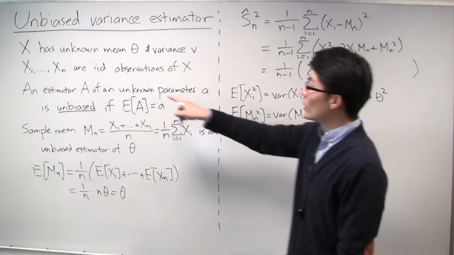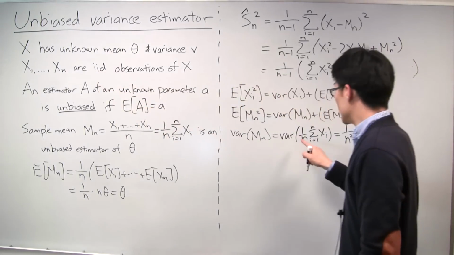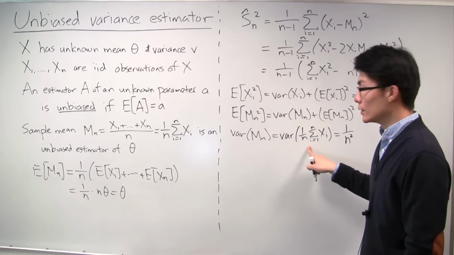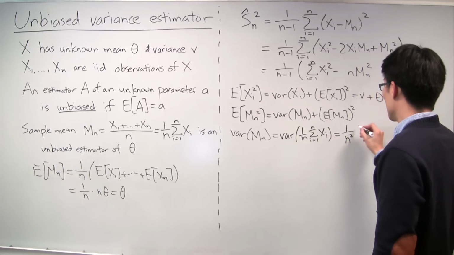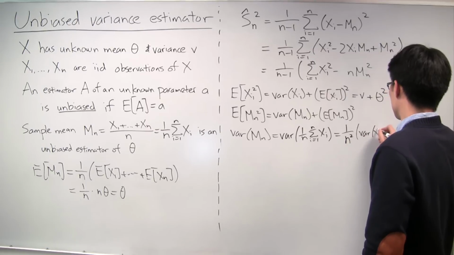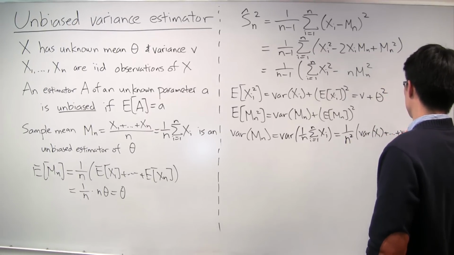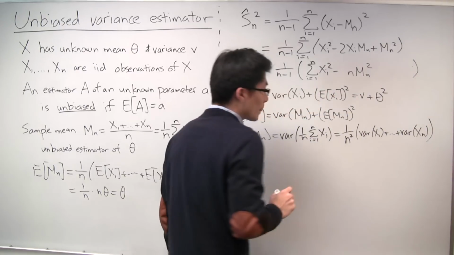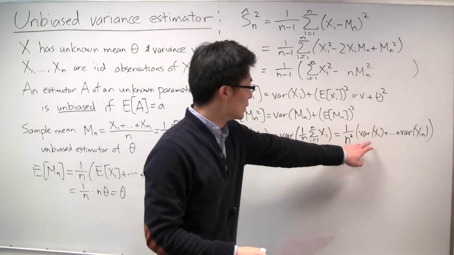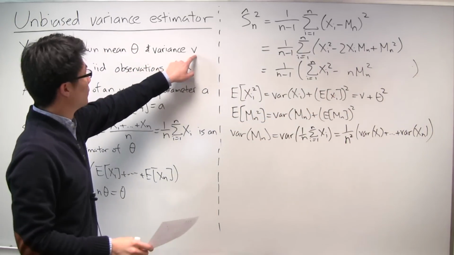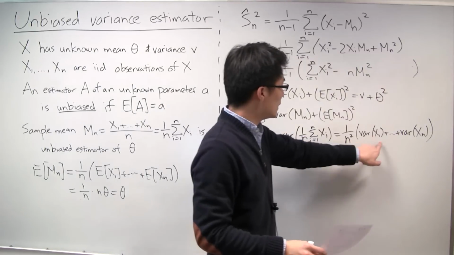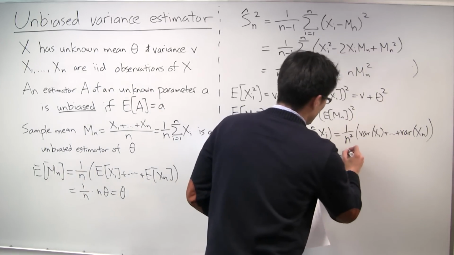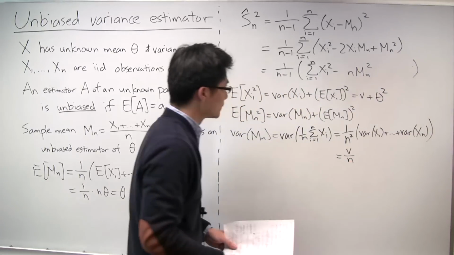But because the xi's are independent, the variance of the sum is actually equal to the sum of the variances. So what we get is the variance of x1 plus all the way through the variance of xn. Now, all of these variances are equal to v. And so we get n times v divided by n squared. And that gives us v over n.